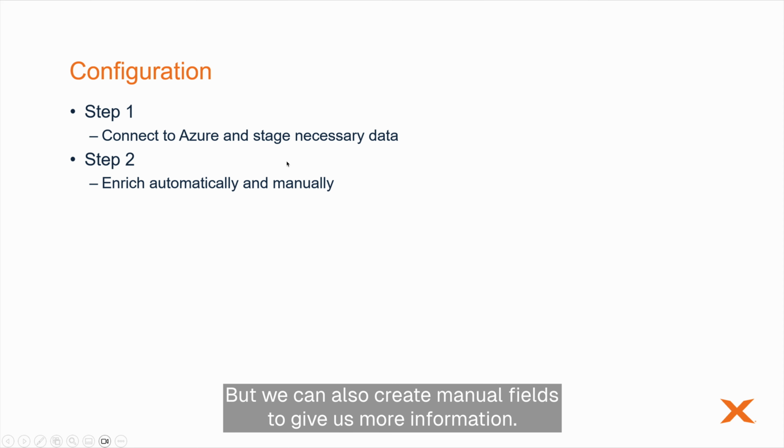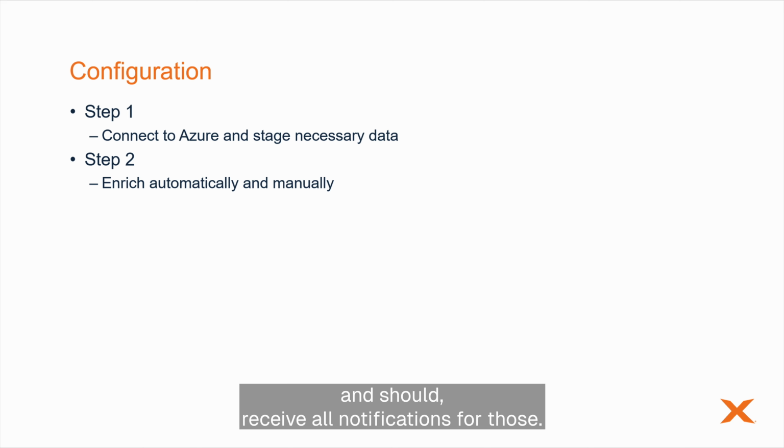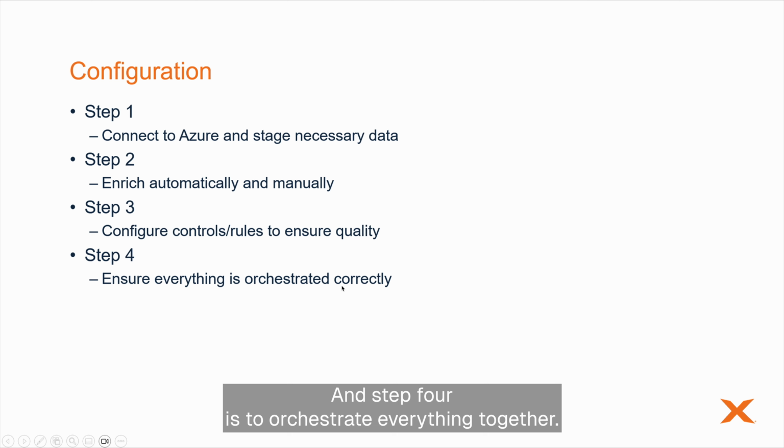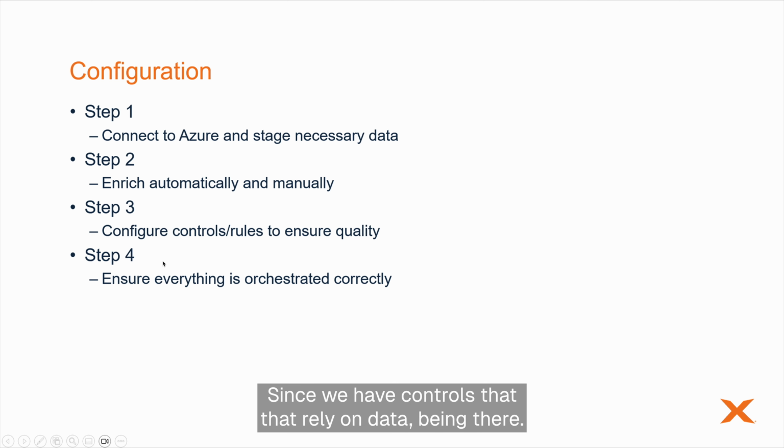But you can also create manual fields to give us more information. For example, who is ultimately owner of a specific resource and should receive all notifications for those. Step 3 is to configure the controls, and step 4 is to orchestrate everything together, since we have controls that rely on data being there.